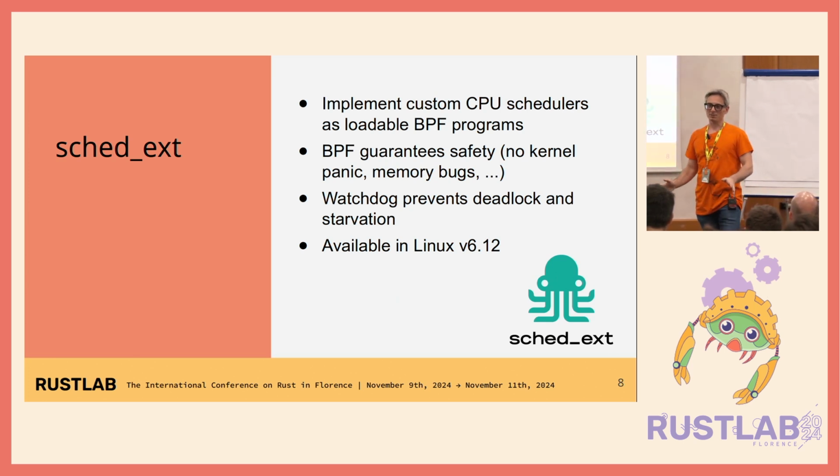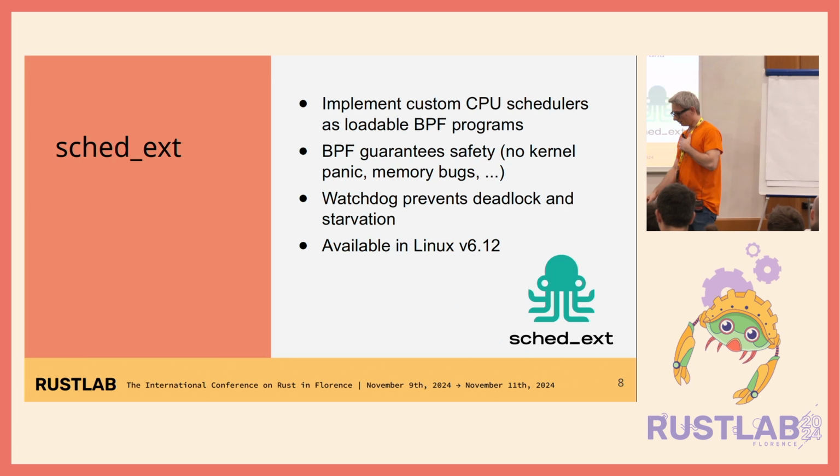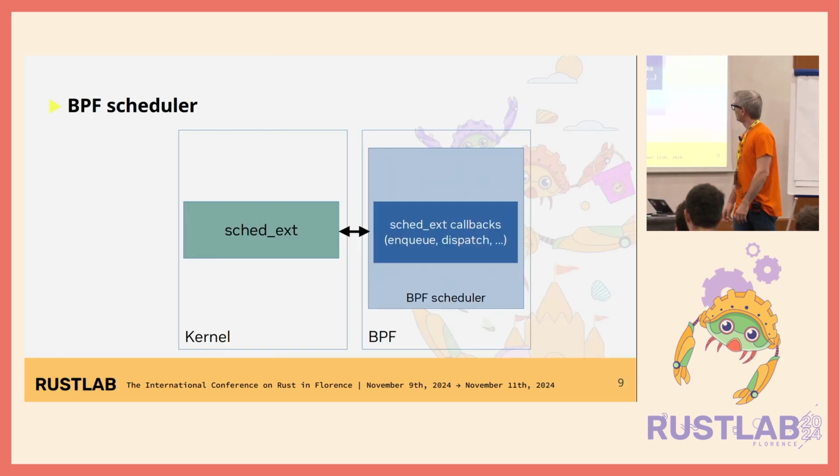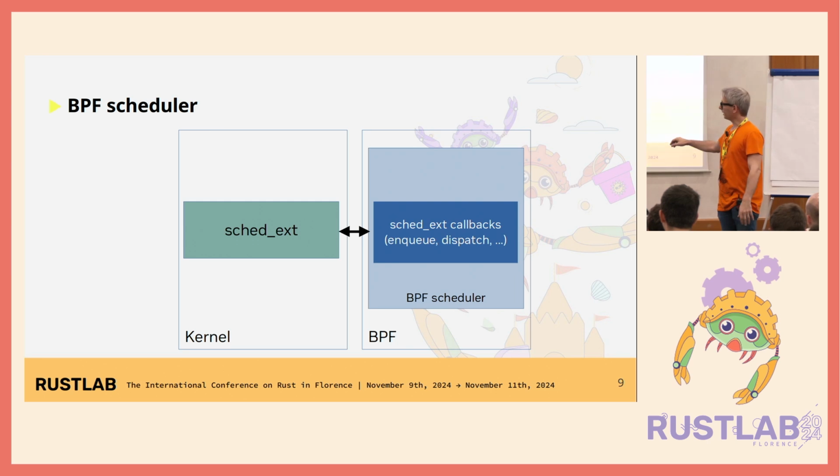So even if your scheduler is buggy from a logical perspective, like it's starving some tasks, you have a way to prevent starving your entire system. So the worst case scenario that can happen is that your scheduler will just be kicked out and the default scheduler comes in transparently. So it's safe. You can even test this in production.